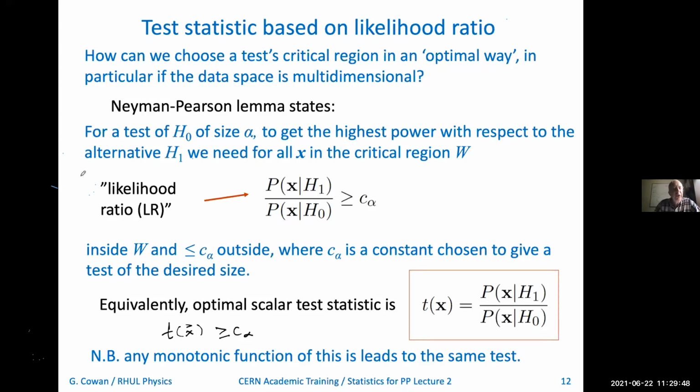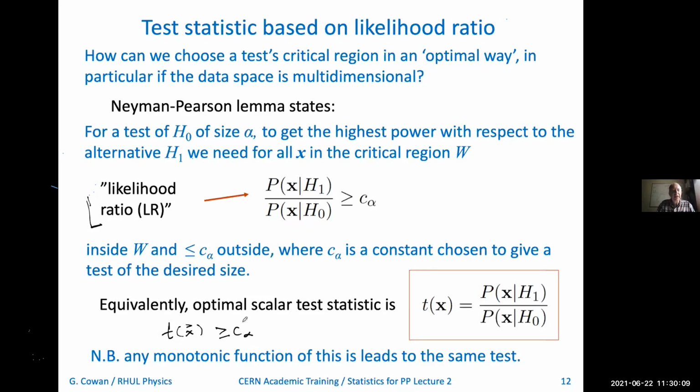And this ratio is what is called a likelihood ratio, right? Because both the numerator and denominator here, this is the likelihood of hypothesis H1 divided by the likelihood of hypothesis H0. So an equation of that form defines the critical region.